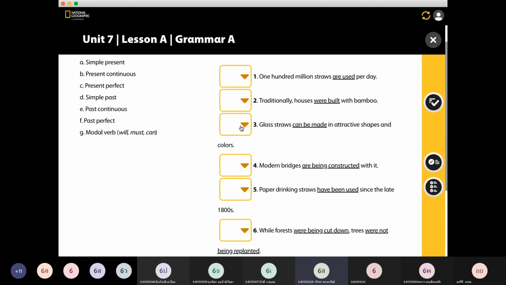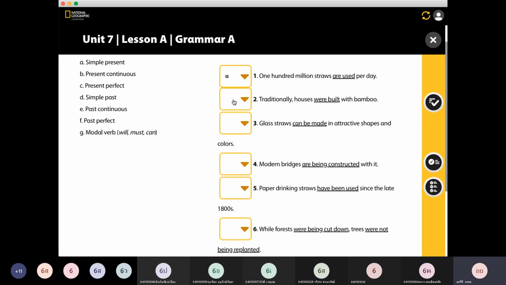Number 1, A. Okay, so number 1, you talk about present simple.